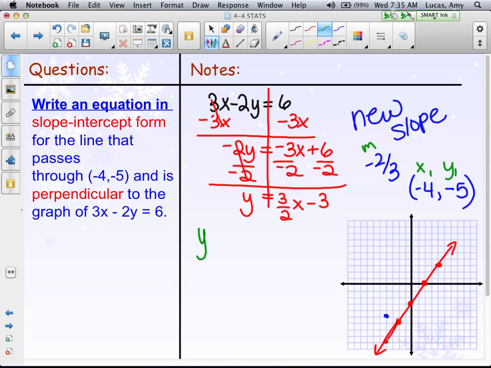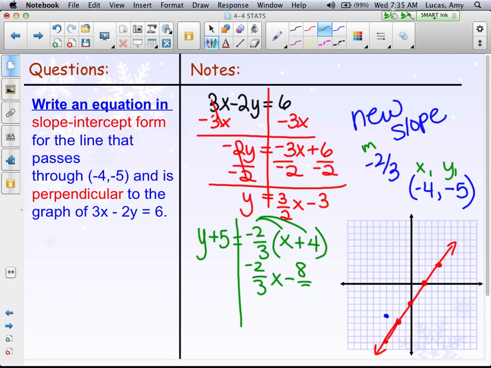So y minus -5 turns into y plus 5. My new slope is -2/3. And then x minus -4 would turn into x plus 4. If I distribute, I get -2/3 x minus 8/3, y plus 5 equals.